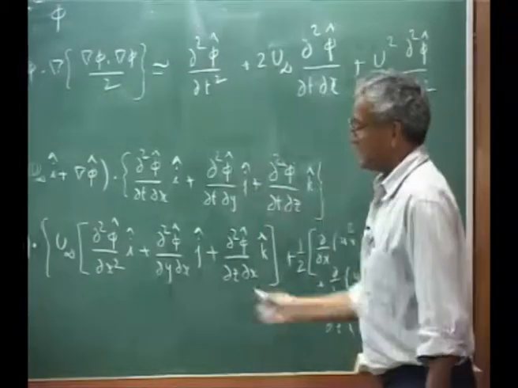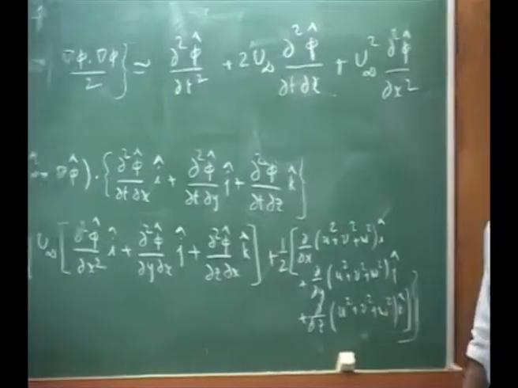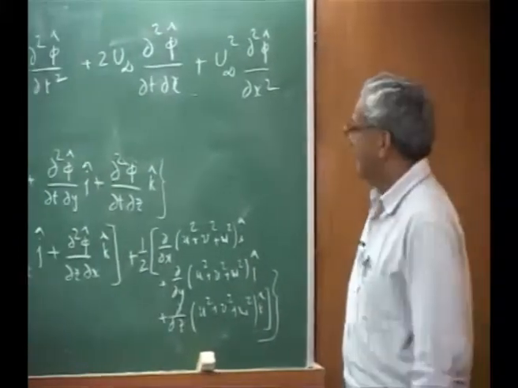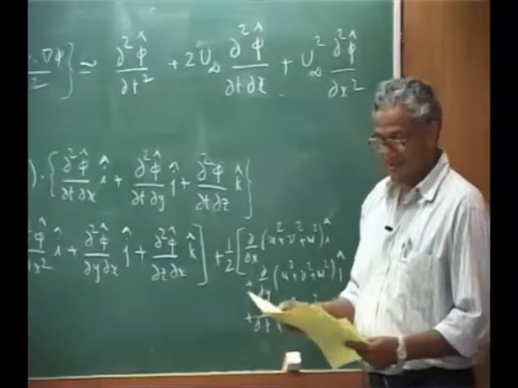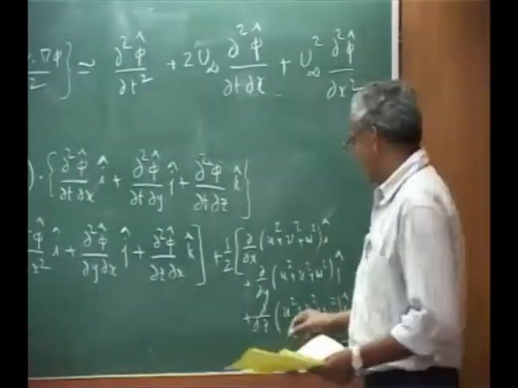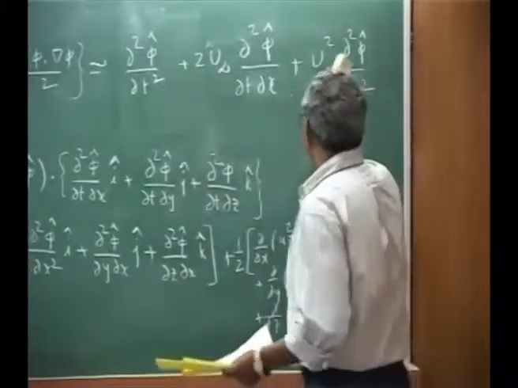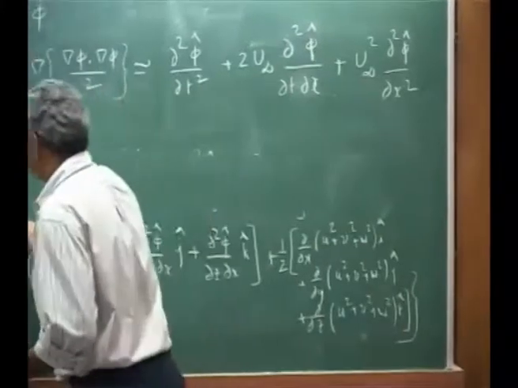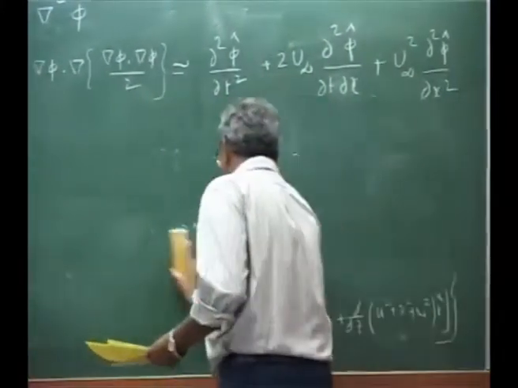That's all. The rest of the terms I am neglecting. So you see, when I neglect the rest of the terms, this becomes very simple. This is a linear operator. So I erase this part and I will write my equation here.